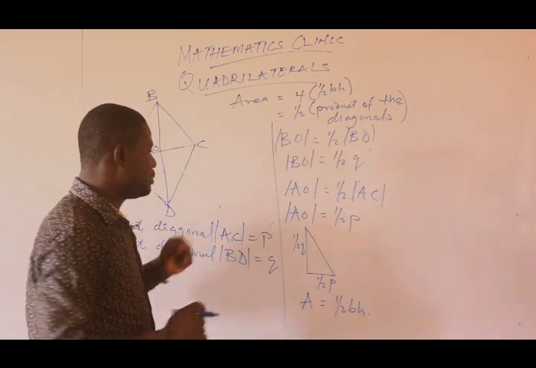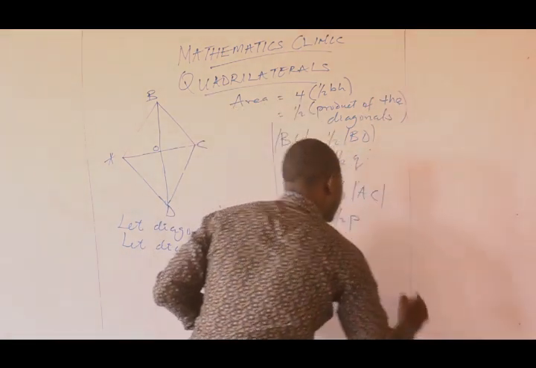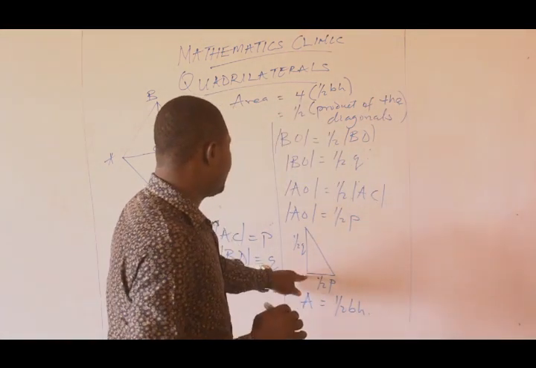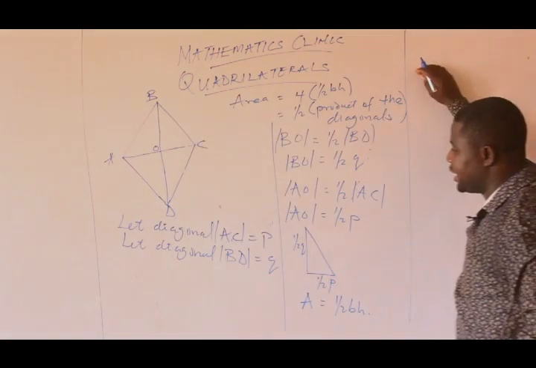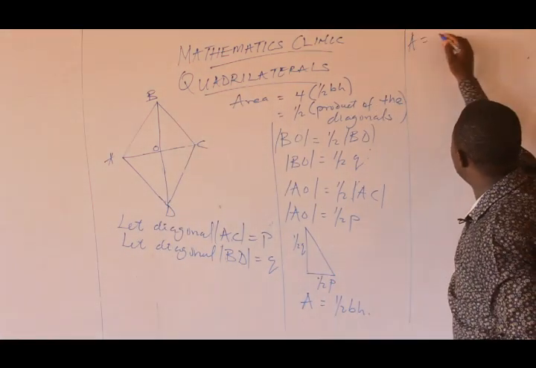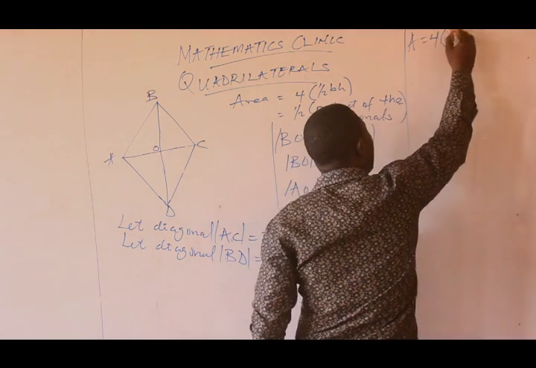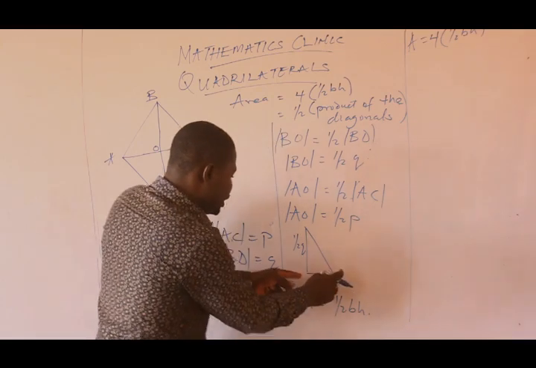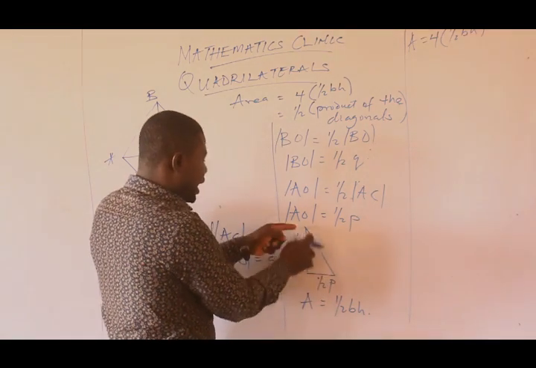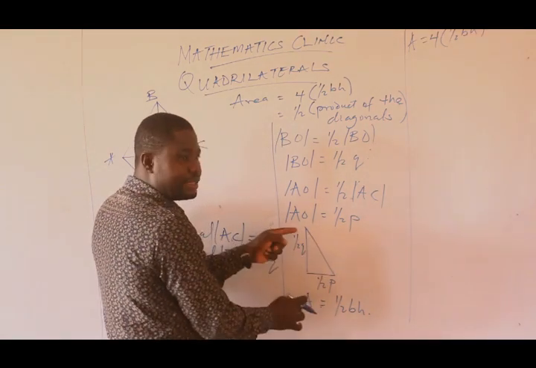Half base times height. From this right angle, we initially said our area is 4 times half base times height. So this is our base and this is our height.